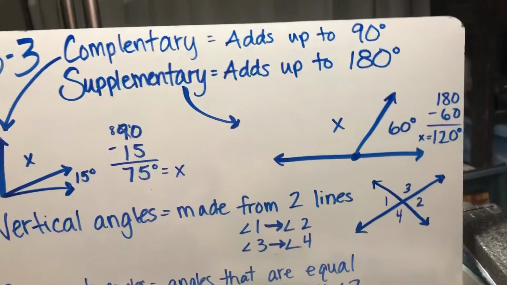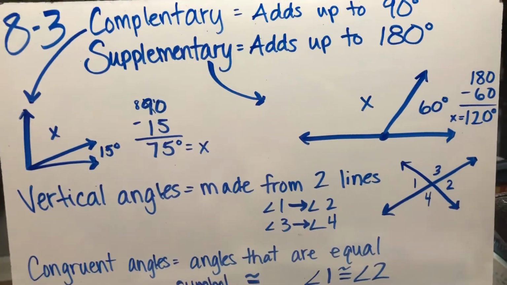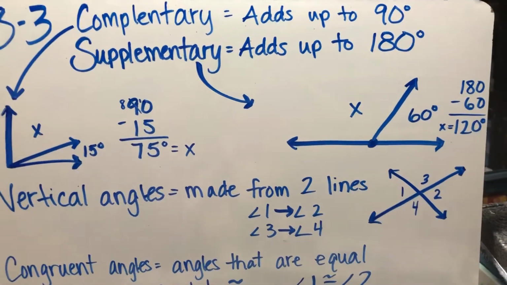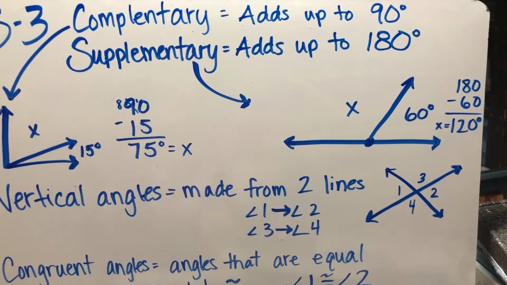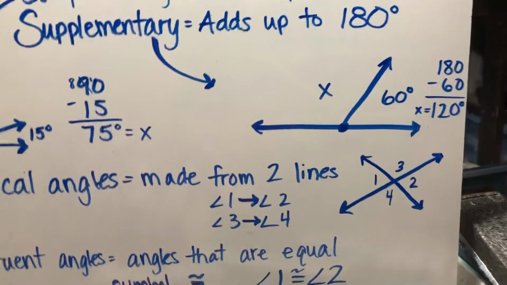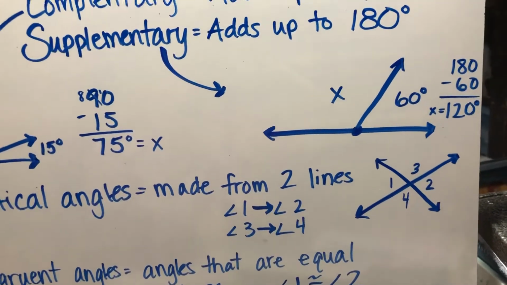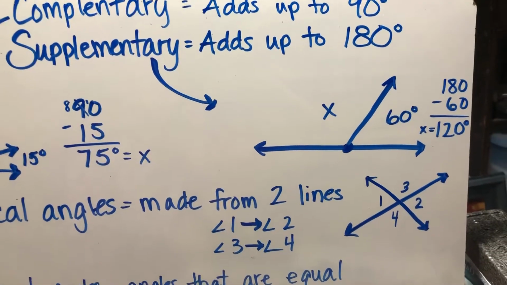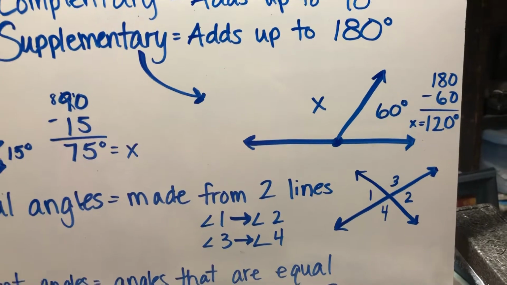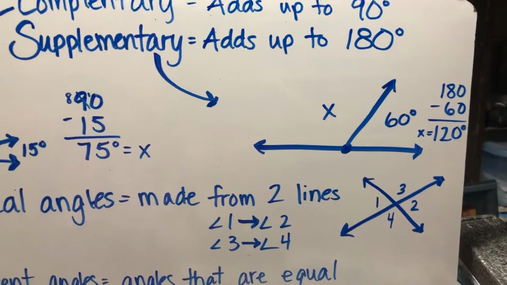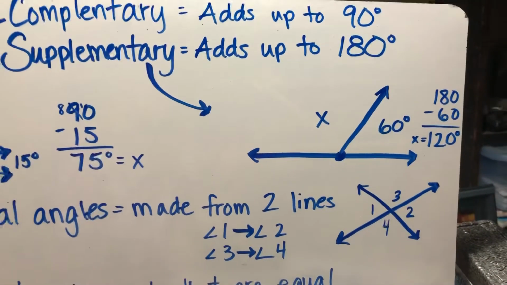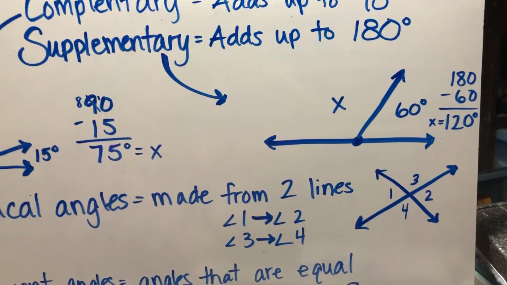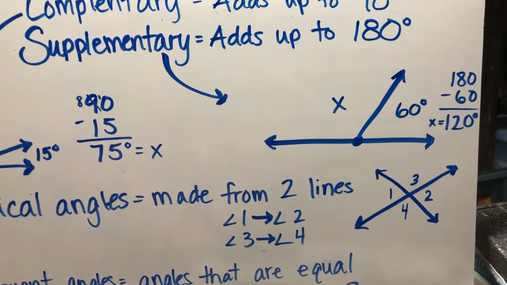The other kind of angle we learned today is a supplementary angle, and those are going to add up to 180 degrees, which is like your protractor. And here you have an example off to the right. So you have 2 angles. They have to add up to 180. You could have 3 angles. You could have 4 angles. You could have 15 angles if you wanted. But this one, I'm just going to show you the basics and show you how there are 2 angles inside this one.